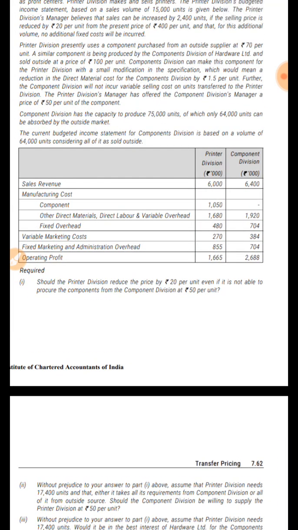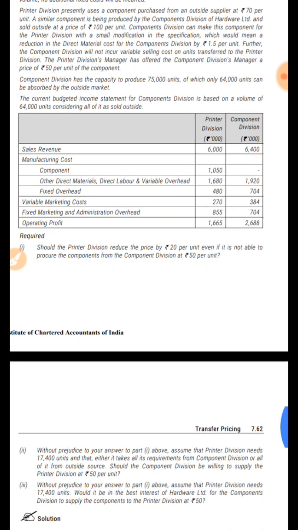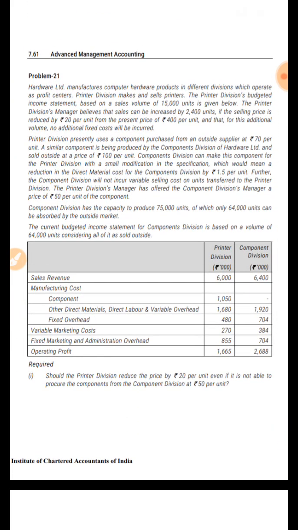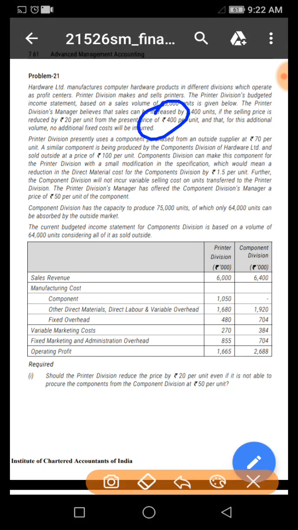The profitability we will find out for both the divisions in all the possible scenarios. First we will see only the printer division, then we will see the component division.